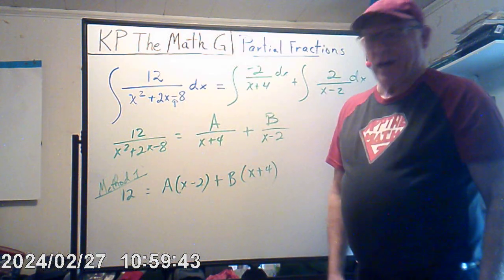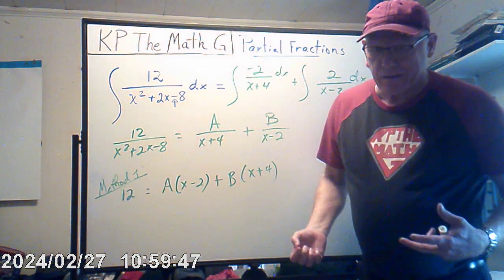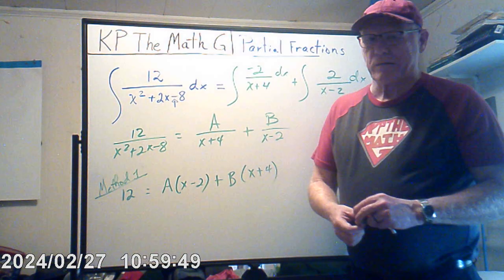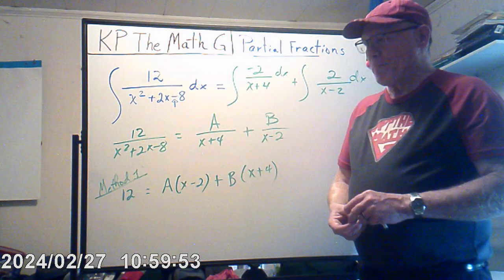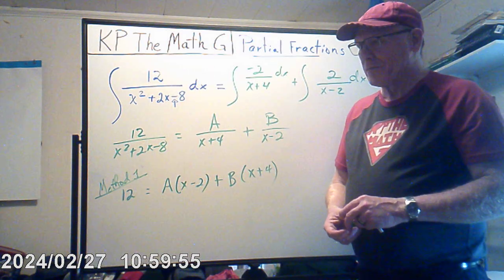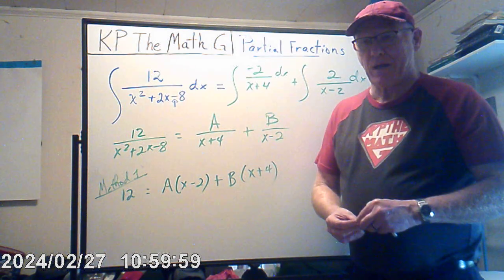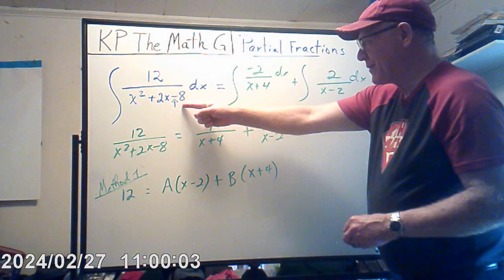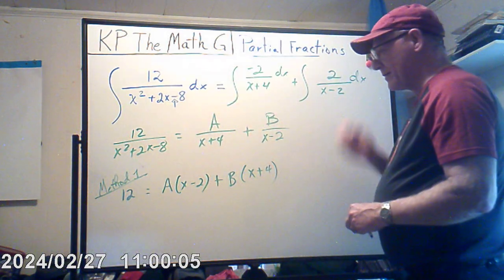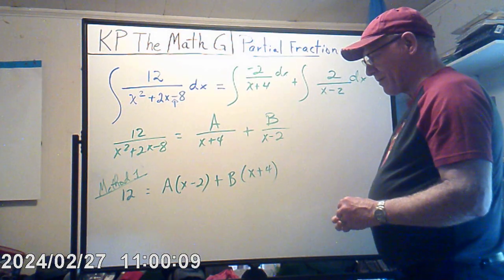And if it doesn't factor, we can still do it, but it has to be by another method, which we will get into at another time, called trigonometric substitution, which some of you may have heard of. But this can be factored.